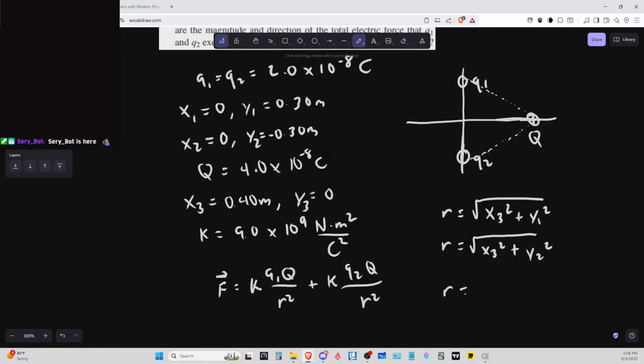Alright, so R itself, if we do the calculations, so we got 4 squared plus, so that leaves us with a half distance on both sides for the hypotenuse there.